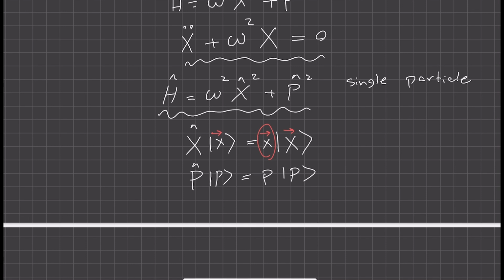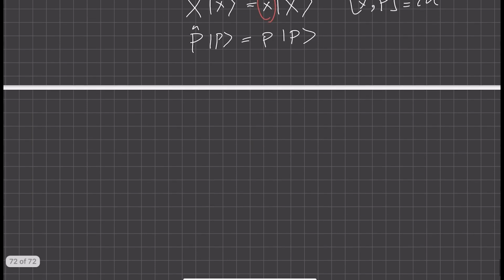So these states are not really useful for us because x and p do not commute with each other, and we cannot find at the same time eigenvalues of both x and p. So it's not really useful to talk about those bases. We should talk about energy bases.